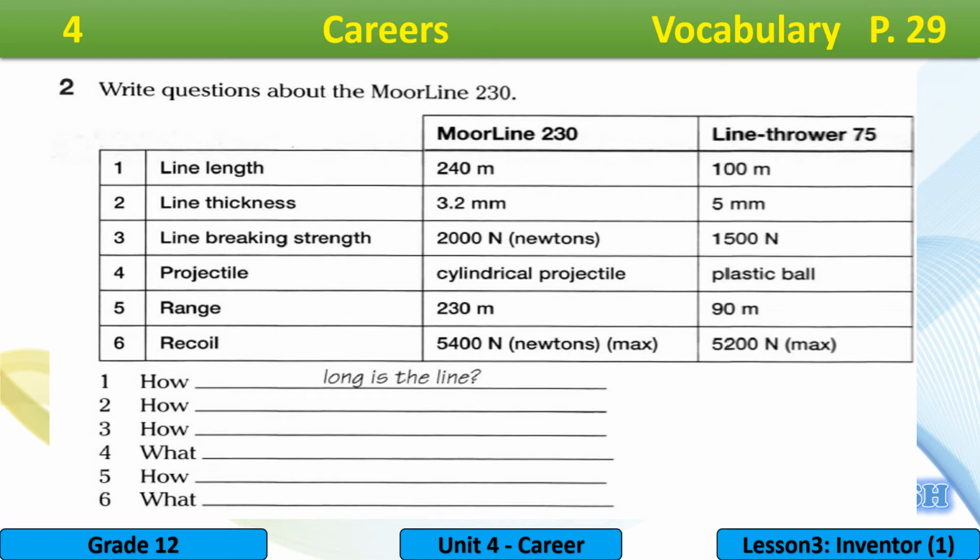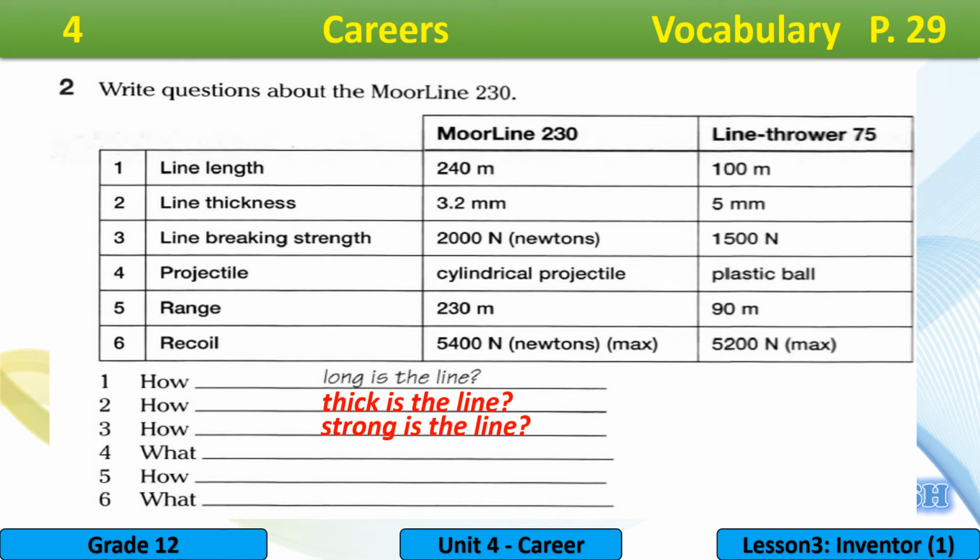Again, pause the video, do this exercise, and come back to check your answers. Let's now do it together. Number 2, how thick is the line? Line thickness is 3.2. Number 3, how strong is the line?